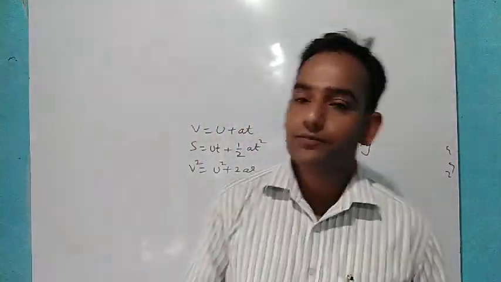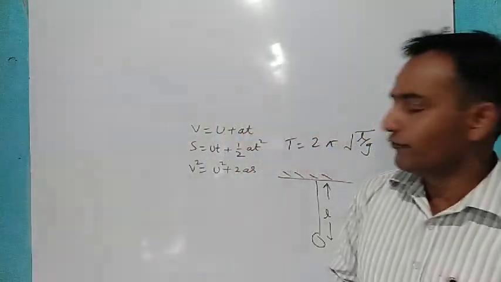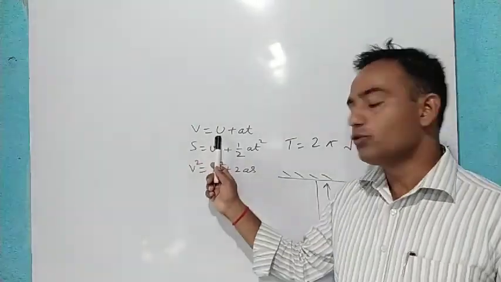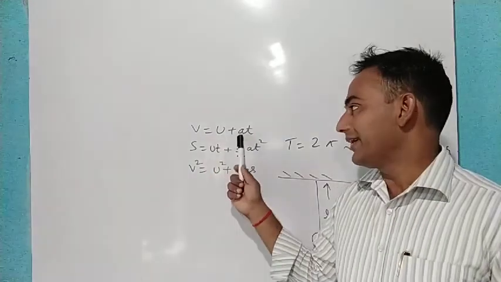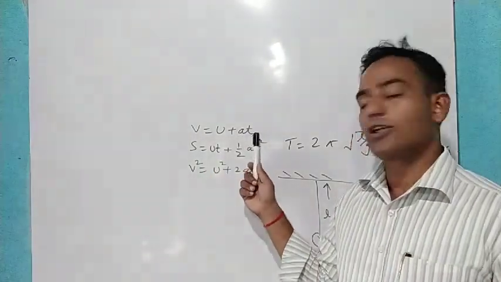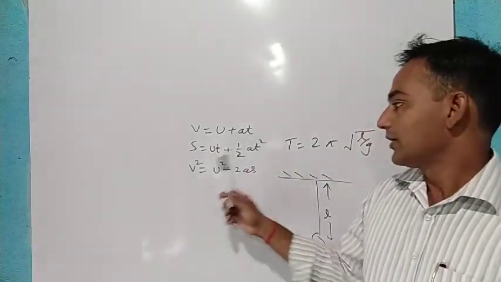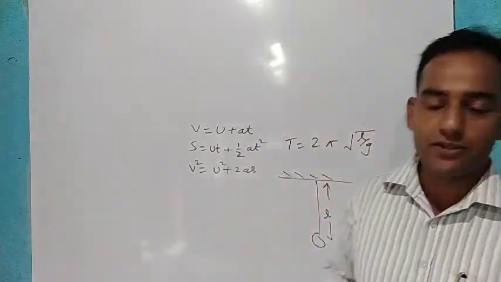Here V is the final velocity, U is the initial velocity, A is acceleration, T is time, and S is displacement or you can say distance also.